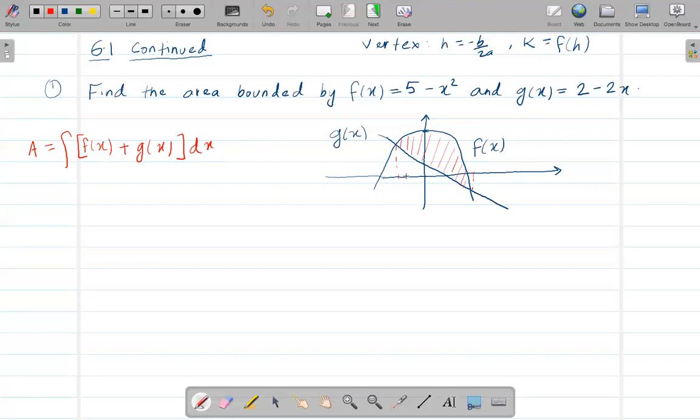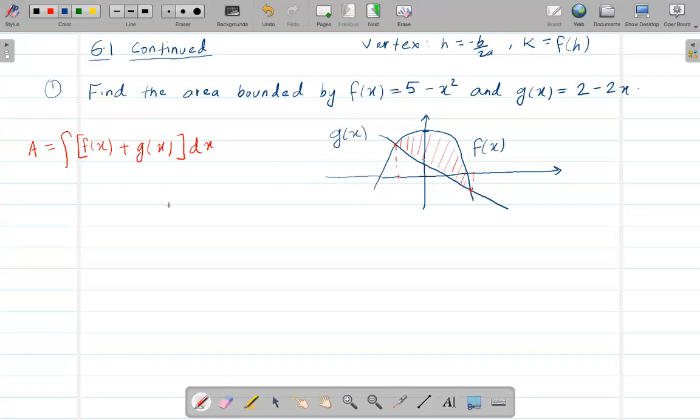I can find these 2 points if I can find the x on this point and x on this point, right? So these 2 points are the place where both f of x and g of x cross each other.